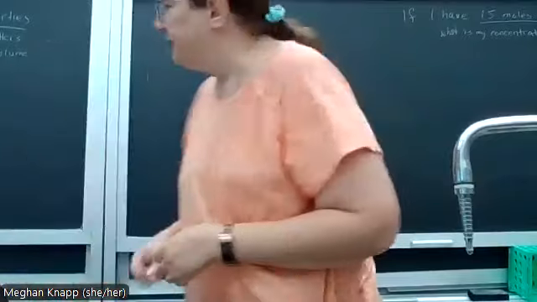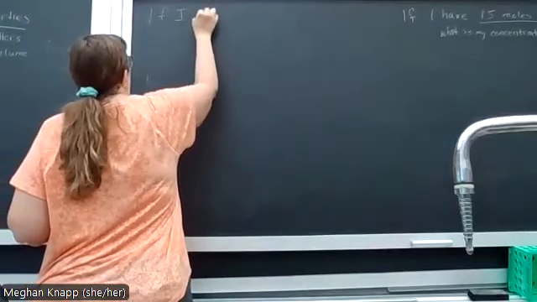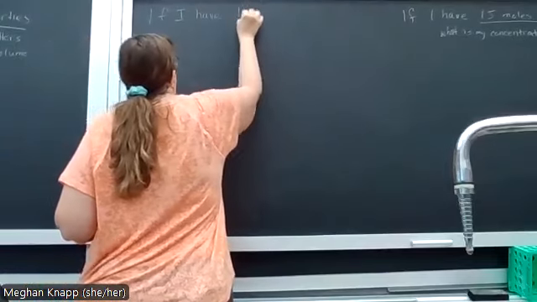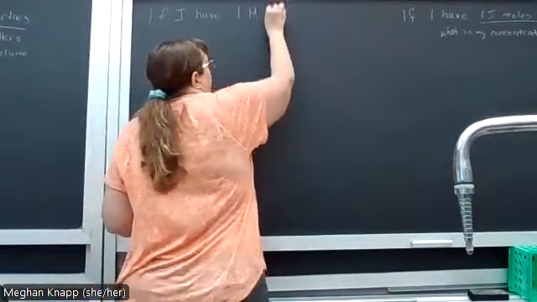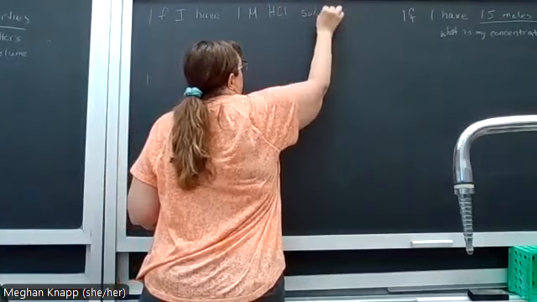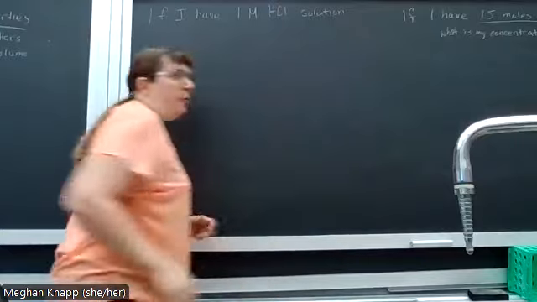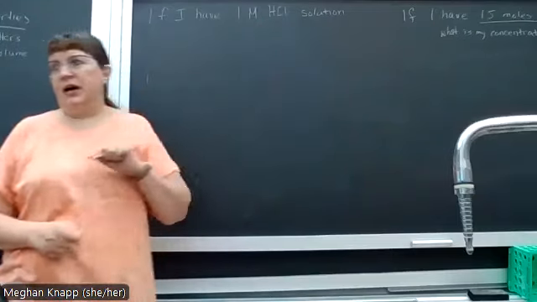If I have a 1 molar, so I would say this is 1 molar HCl solution. I pick up a bottle in the lab, and the bottle is labeled 1M HCl.